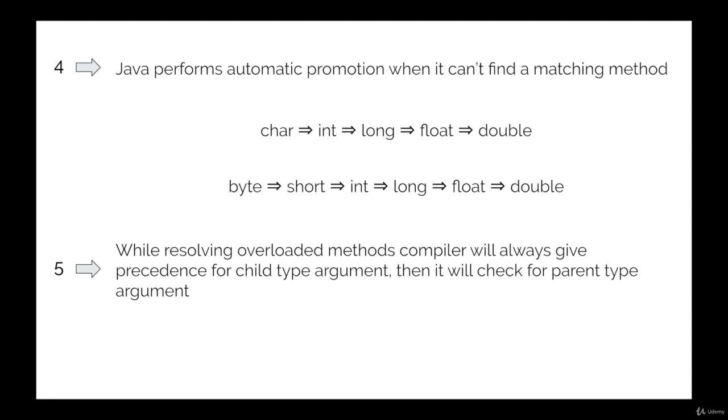Whenever you have overloaded a method, and there are two versions of the method, one has the parent type of the argument and another one has the child type of the argument, and both are a match for this method call, in that case the compiler will always prefer the child type of the argument and not the parent type. Let me illustrate this with an example.